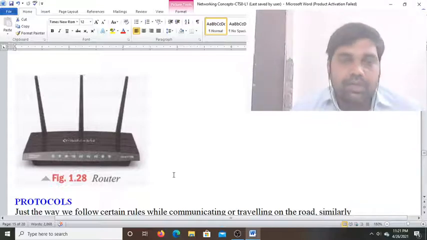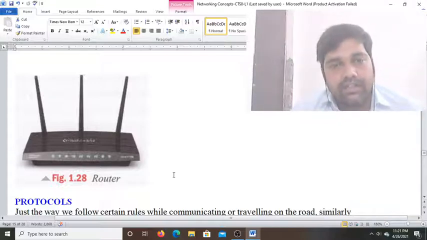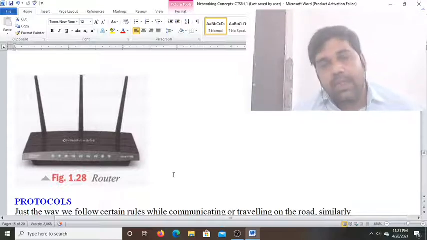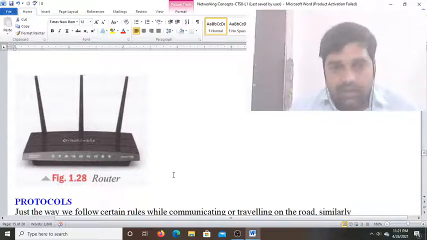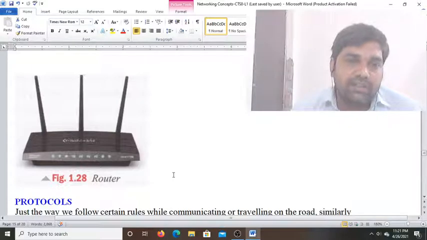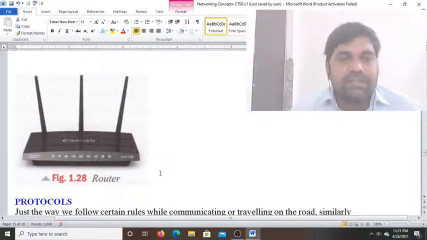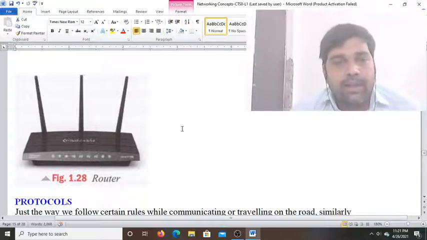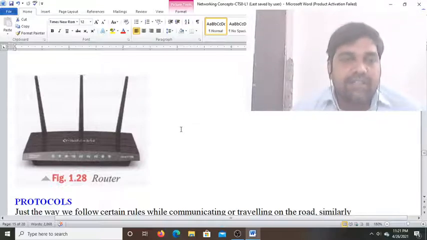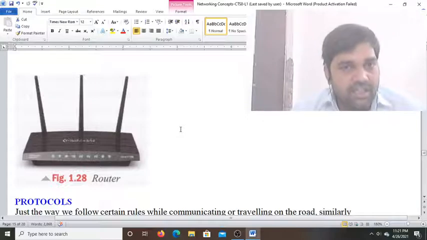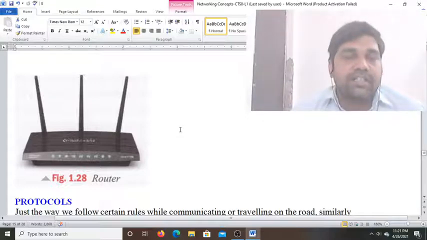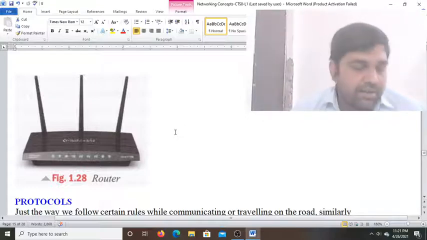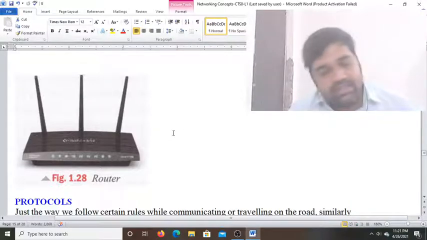So while sending the packets, some repeaters are installed in between on the way to the destination. These repeaters take the data and regenerate it, meaning they amplify the strength of the data signal, and after that retransmit the data to the next router. For this purpose the repeaters are used.